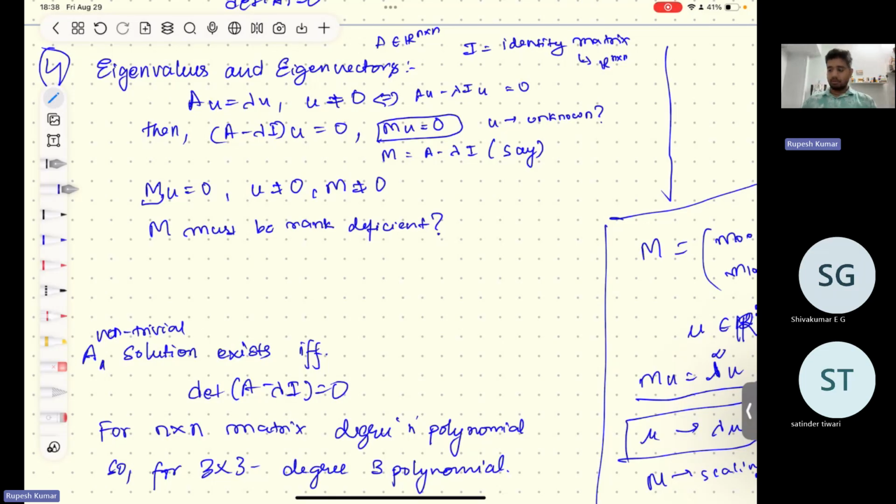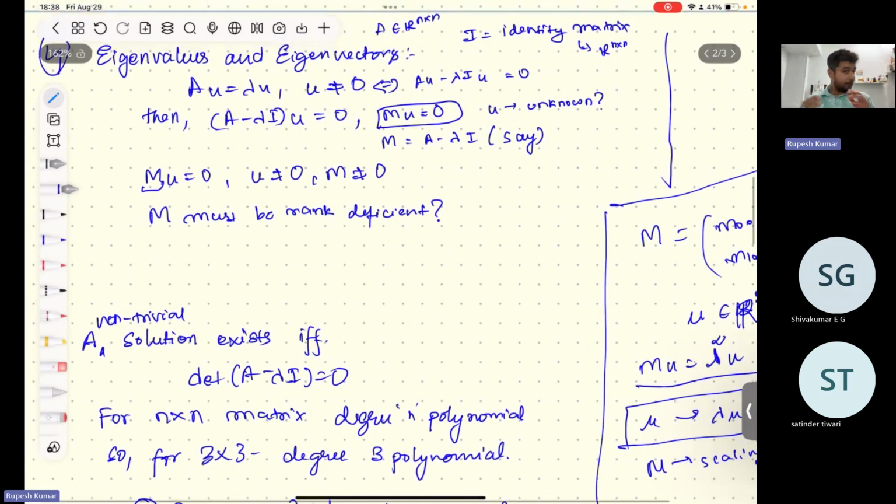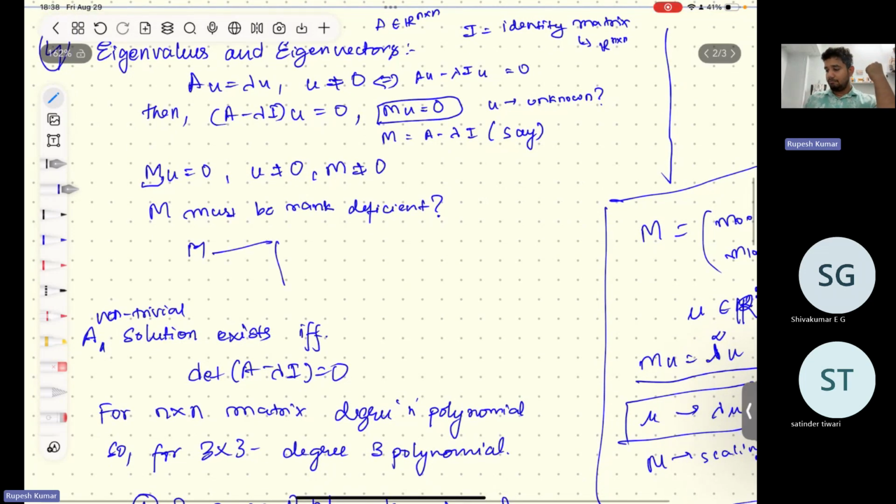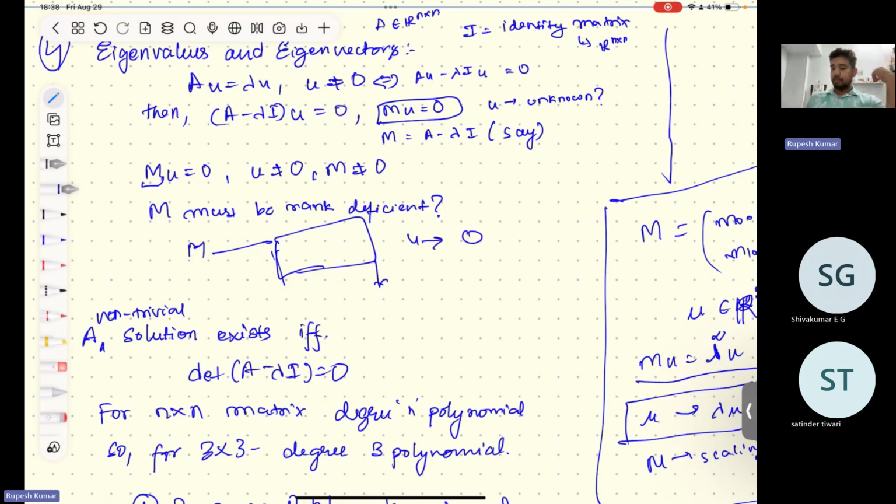Is this statement true? If you have a matrix M, and its columns are spanning some basis, then there has to be some null space so that a non-zero vector is mapped to 0, right? You're saying Mu equals 0 such that M is non-zero and U is also non-zero.